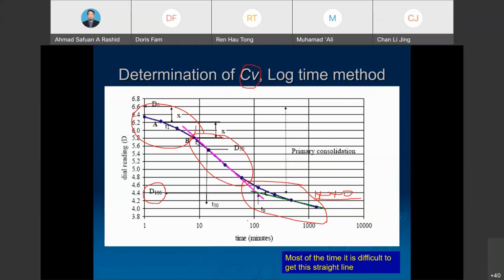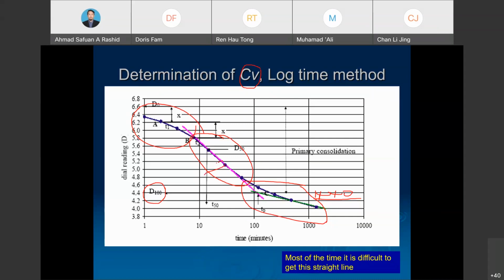Satu yang dinamakan sebagai D100. It means the deformation under 100% of consolidation. So by using a tangent approach, kita gunakan tangent approach.